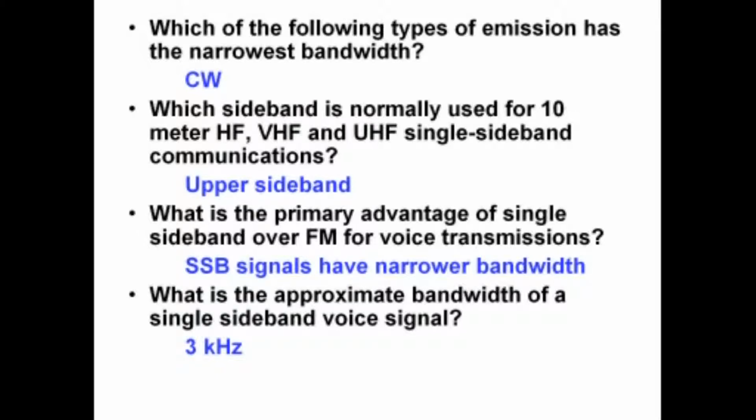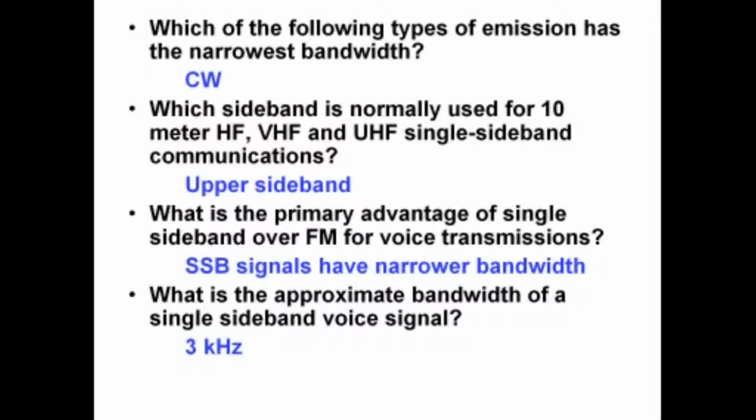If you send pictures, that requires a tremendous amount more bandwidth because there is so much more information in the picture than there is in just a voice signal. So the key to bandwidth is how much information you're sending. And the slower you're sending your information, the narrower your bandwidth will be. Okay? That makes sense?